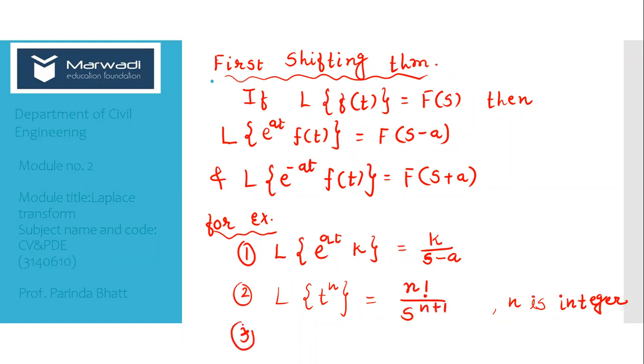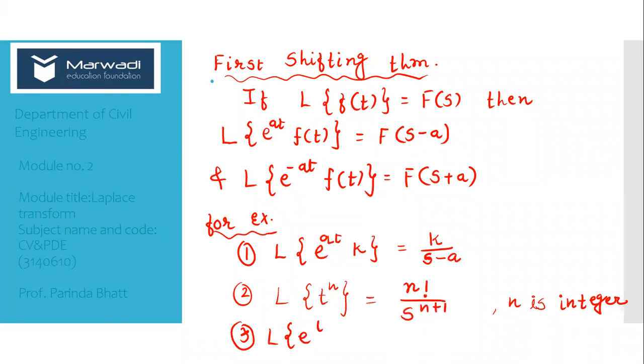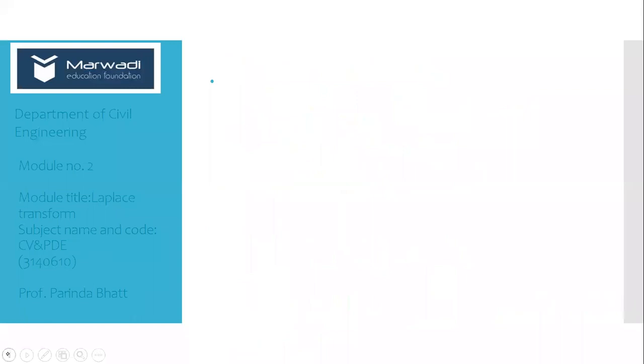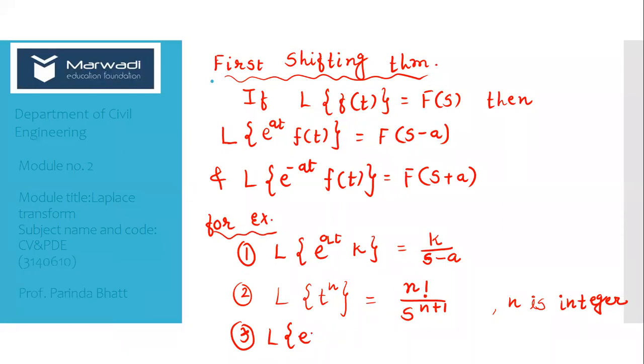Now this is multiplied with e raised to at. So for e power at times t power n, we get n factorial upon s minus a raised to n plus 1. Right? Only the change is in place of s.